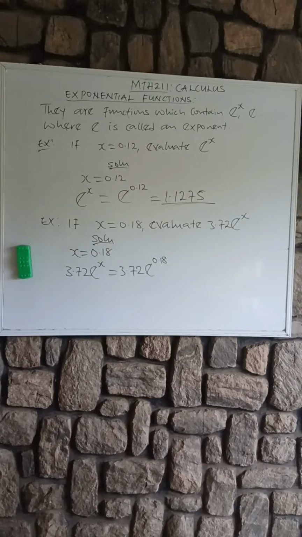If you find the value of this, exponential 0.18 will give us 1.197217.